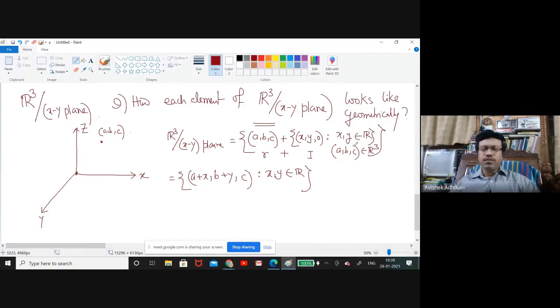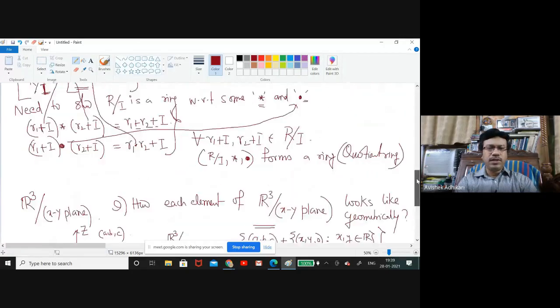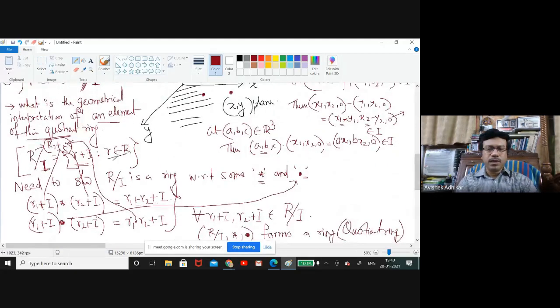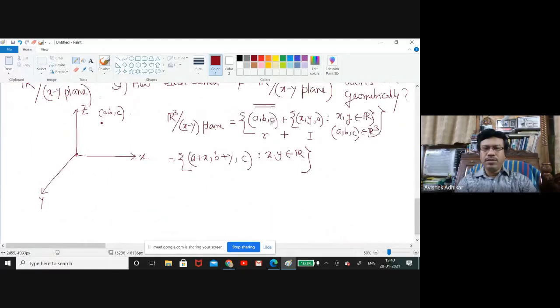If you remember, the definition was given such that R belongs to R. That means you need to vary R over the whole ring. So here also I am taking just one point ABC. So this ABC must vary over the whole ring, right? So this is the collection of all such that A, B, C belongs to R3.